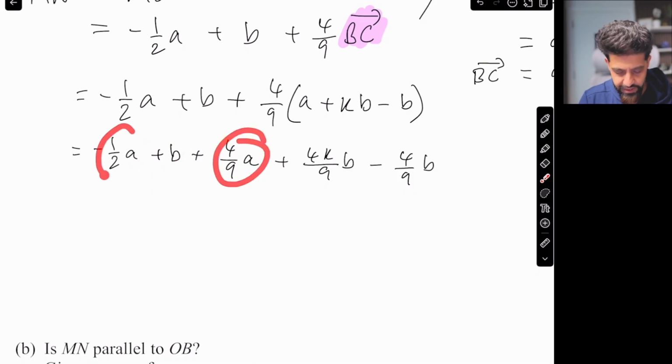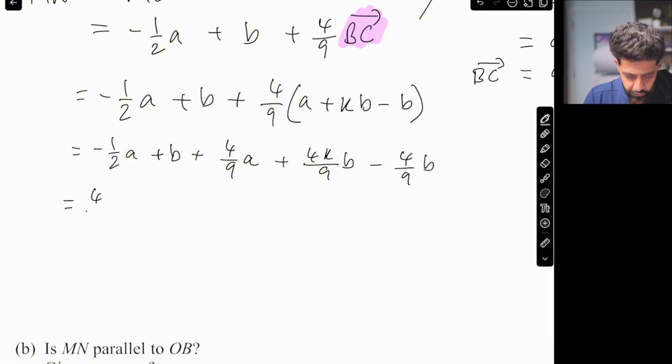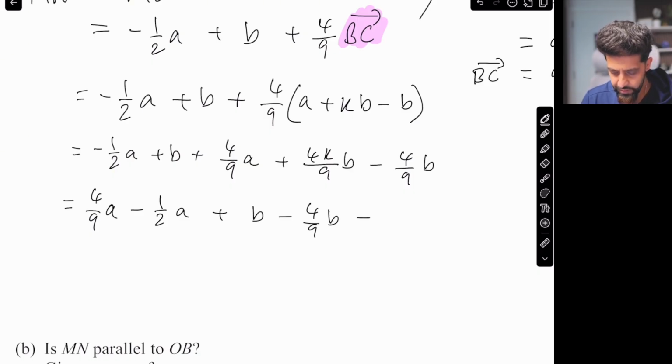Let's put the A's and the B's together. So 4/9, we're going to start with the positive A, minus a half A plus B minus 4/9 B plus 4/9 kB.